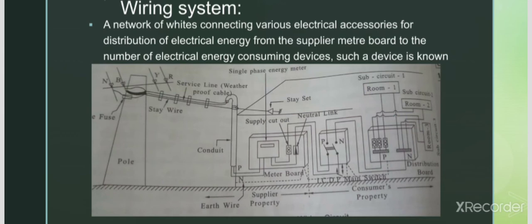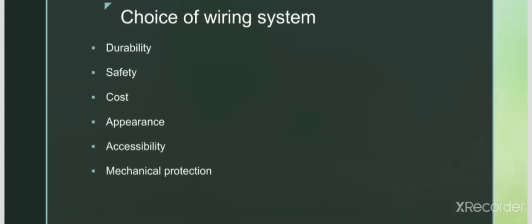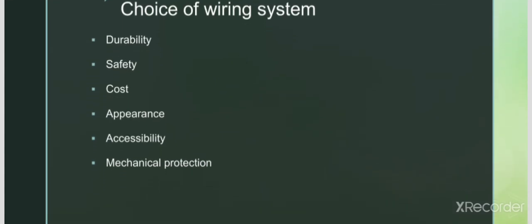Coming to the choice of wiring system, which wiring has to be preferred? The choice of any wiring system for a particular place depends on many factors like durability, safety, cost, appearance, accessibility and mechanical protection. The first point is durability: the wires used in any wiring must be durable and should be safe from fire and weather conditions.